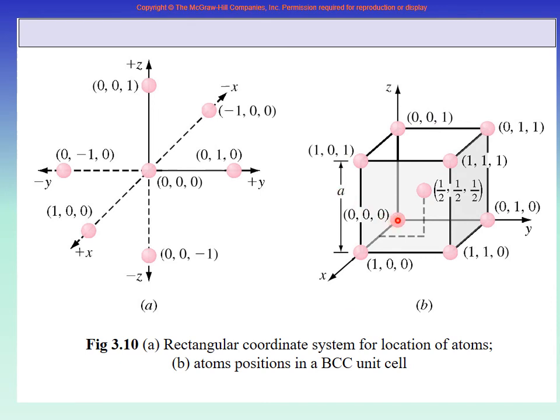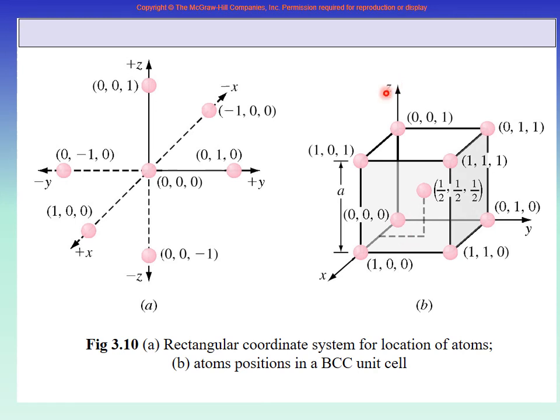We take this corner atom, which is the left side of the back face. This is the right, this is the left, this is the front, this is the back. So the left side of the back face is 0, 0, 0. And now x goes here, y goes there, and z goes there.